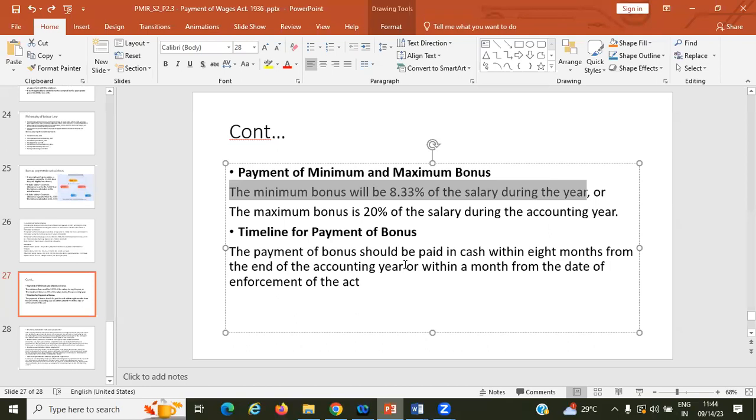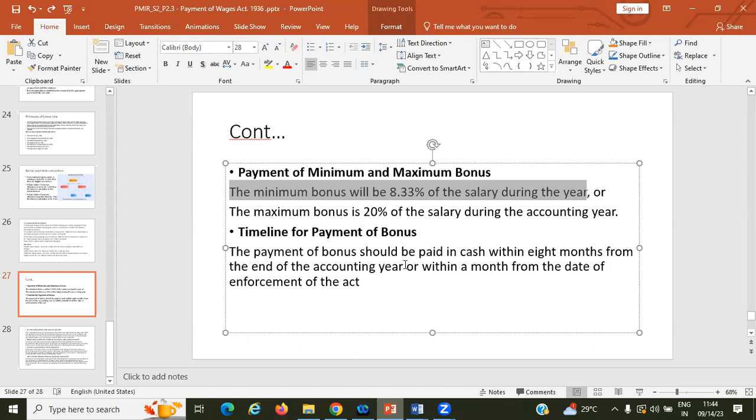Whenever you close your account, from that point, within 8 months, you have to give the bonus. That is the timeline you have to remember.